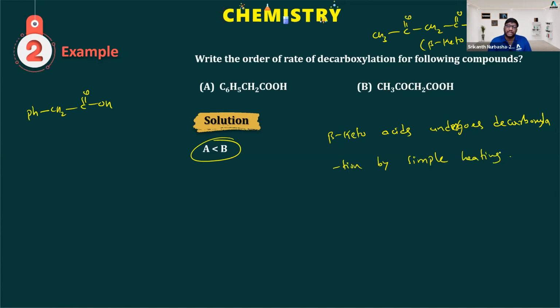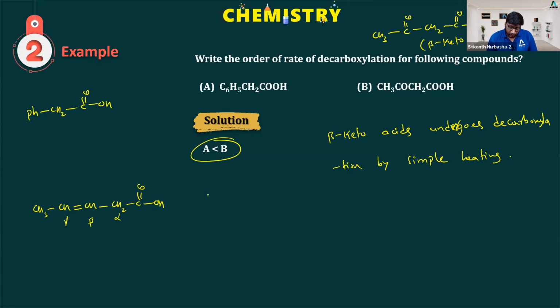Not only beta keto acids, beta gamma unsaturated compounds will also undergo decarboxylation by simple heating. Let us take an example instead of writing the statement: CH3CH=CH-CH2-C(=O)OH. This is alpha, beta, gamma.